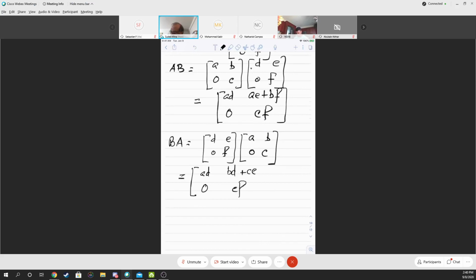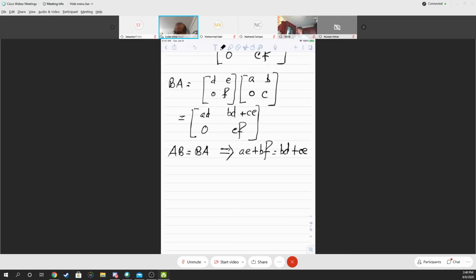CF. Now you see, so AB equal to BA implies what? AE plus BF is equal to BD plus CE.